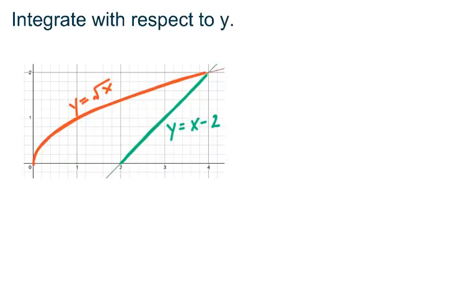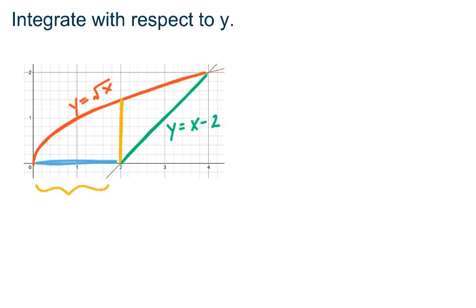So let's think about this. If I asked you to find the area of this region in quadrant 1, the way we did it in the last video, we had to say above minus below. But of course the above and below were different based off of that horizontal x interval.